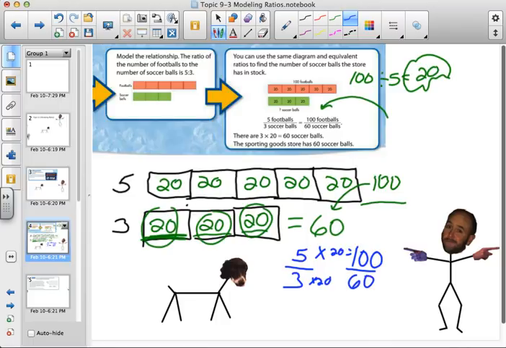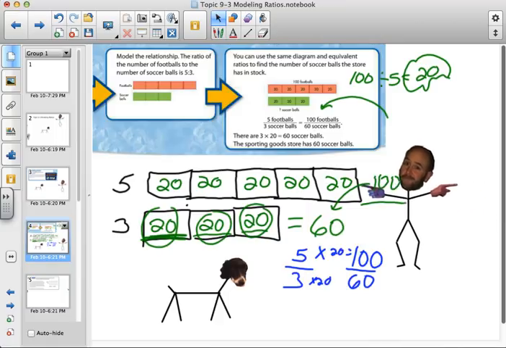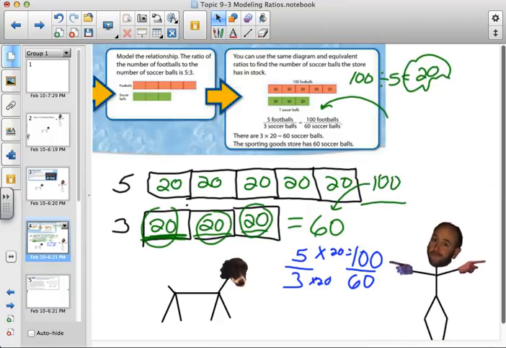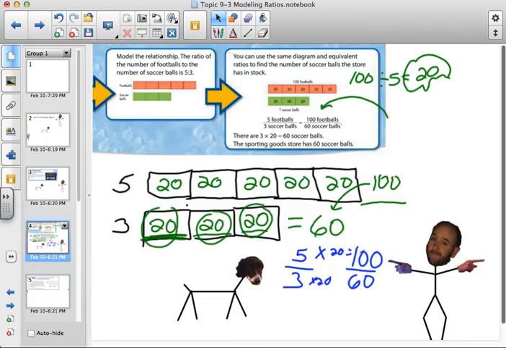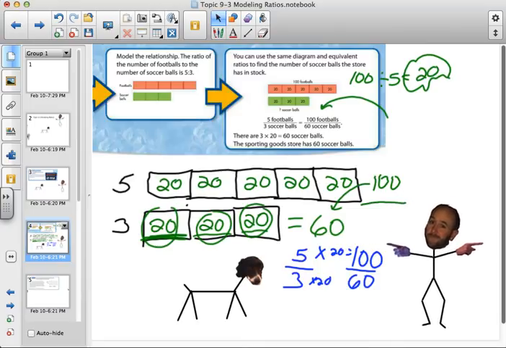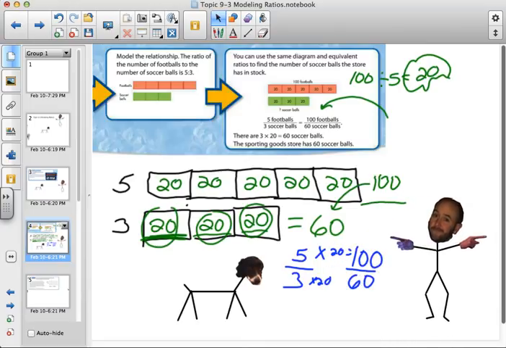So even if we didn't know how to make this model right here or here, we could still do it algorithmically. Yes, algorithmic is a big word and it just means doing the math.